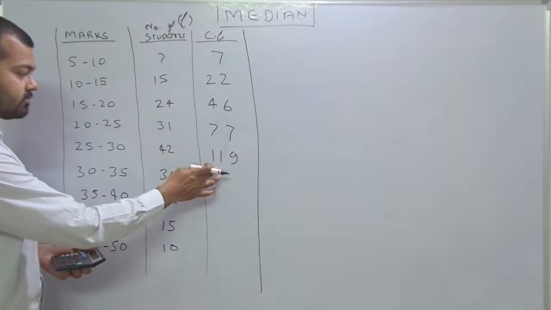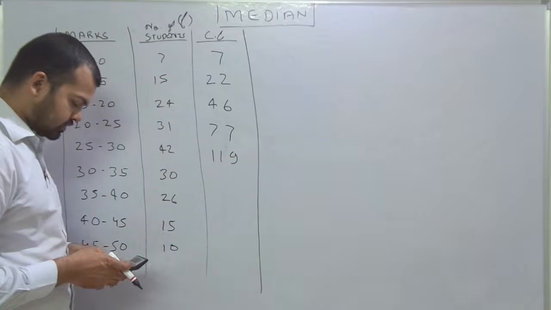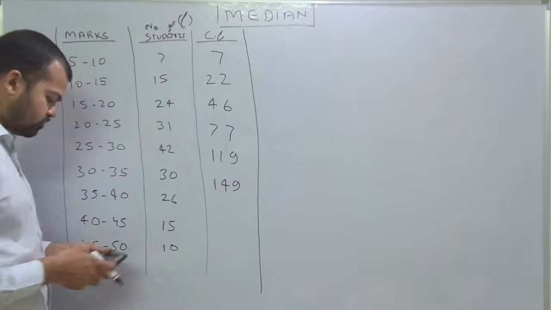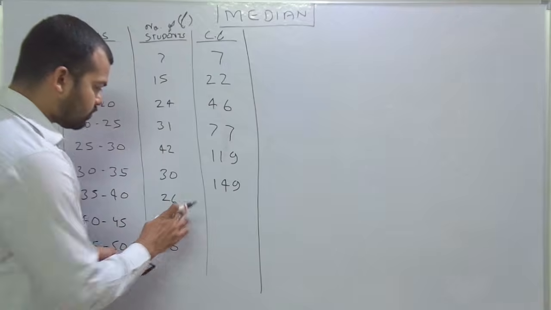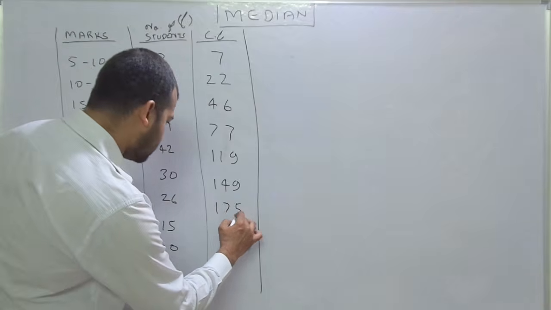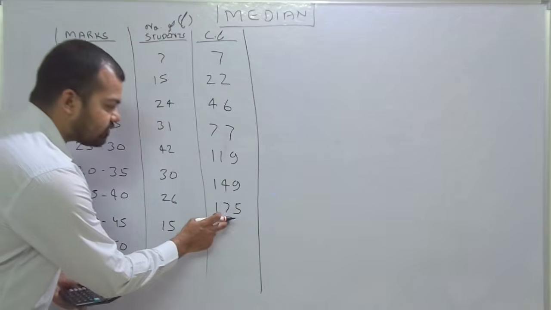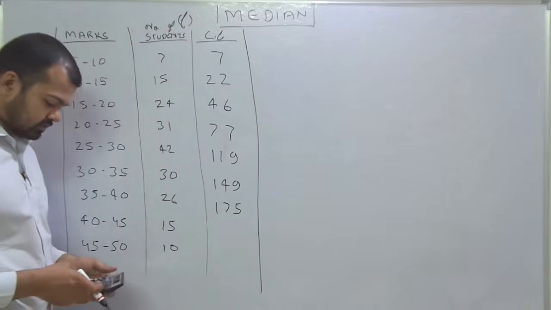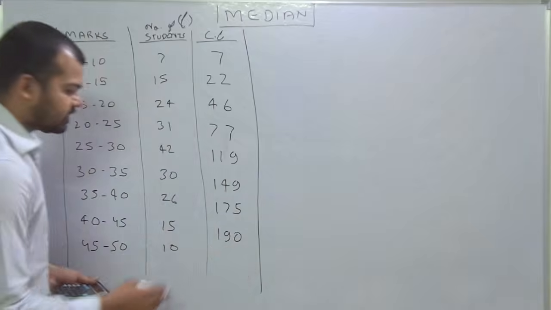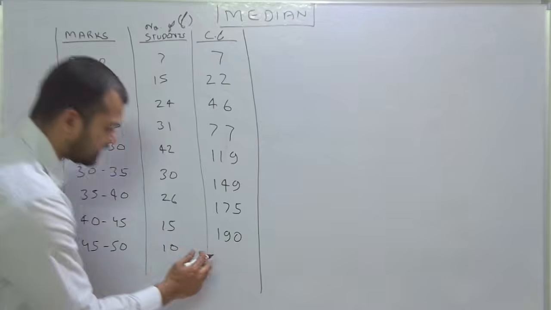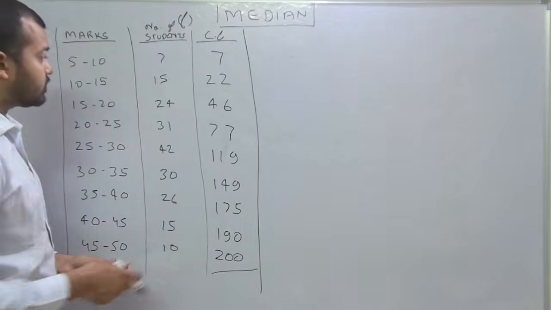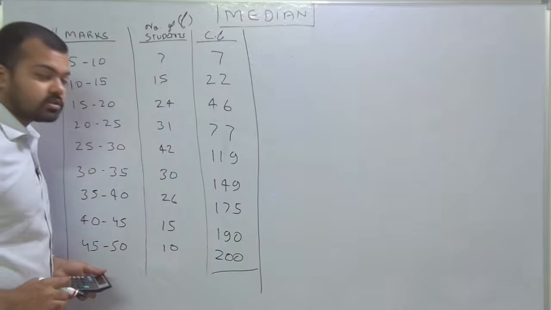Now you have to add 119 to 30. So that is 149. Now you have to add 26 to 149. The figure comes out at 175. Now you have to add 175 to this 15. So the answer comes out as 190. Now the last one is 190 plus 10, that is 200. So the total of this frequency is 200.